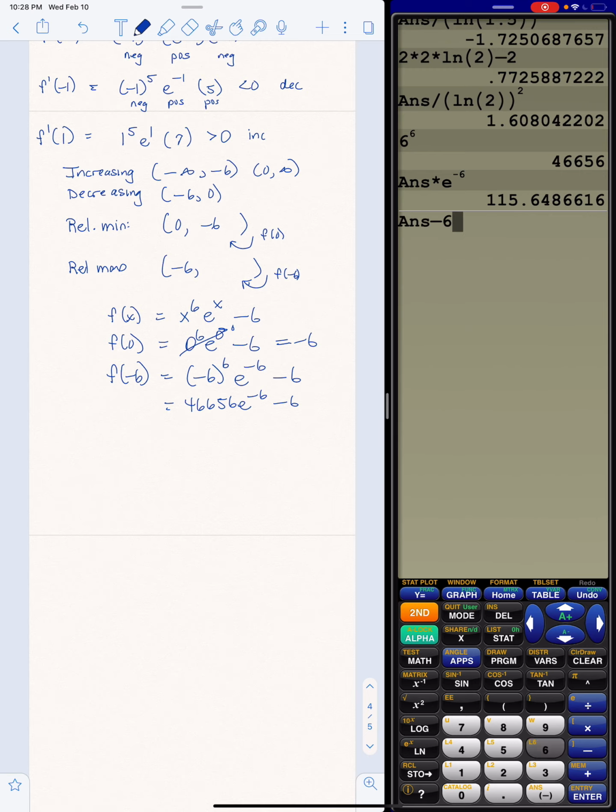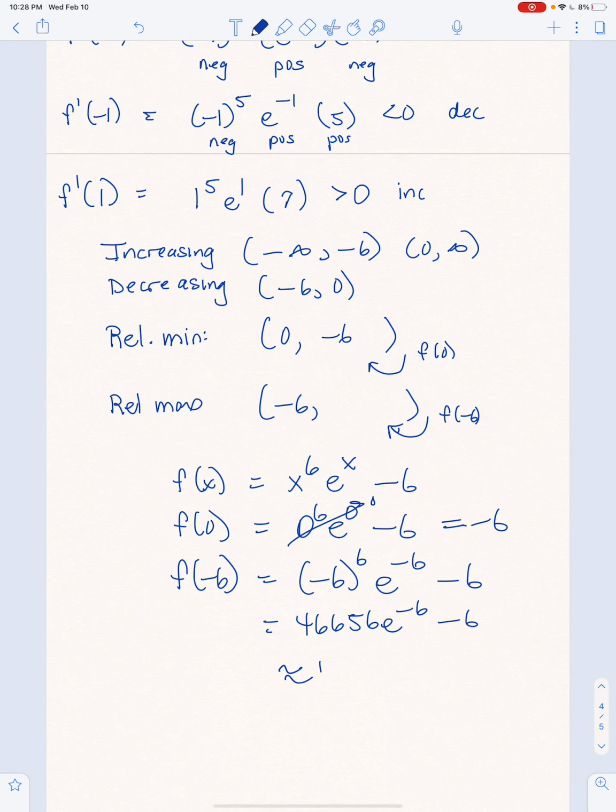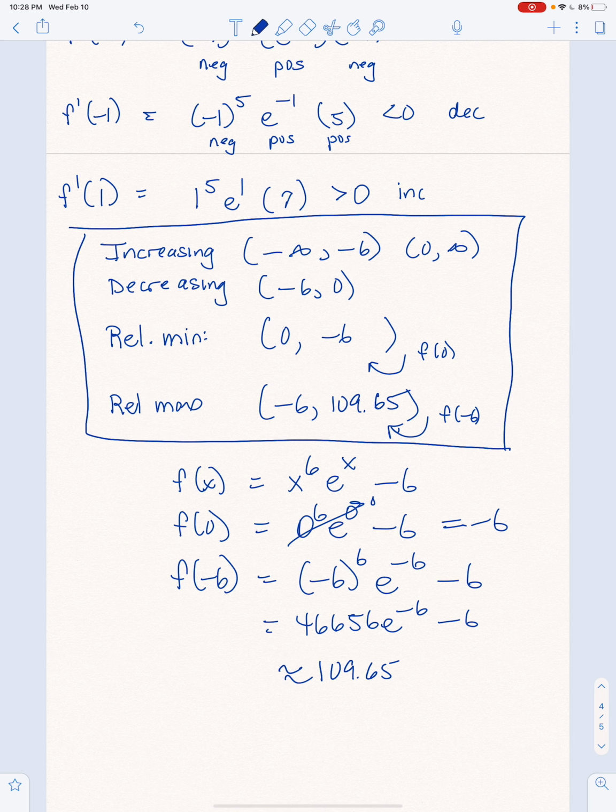And then, yeah, big whoop, we'll subtract 6 from that huge number. It's 109.65. So we'll say this is approximately equal to 109.65. And we'll just assume it's okay to approximate in that one. Usually we want the exact answers, but when they get out of hand like this, it's often easier just to approximate. And naturally, the directions that you're given in each problem will reflect what you are to do.